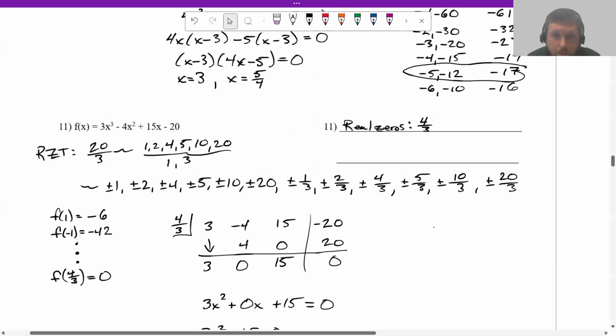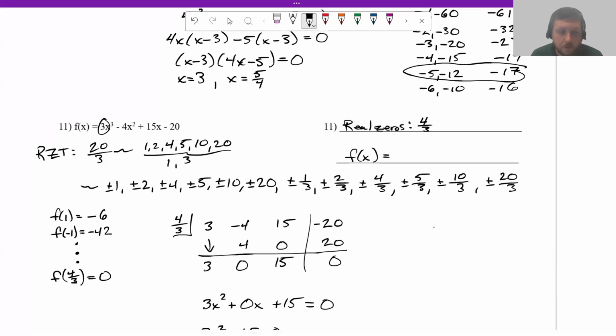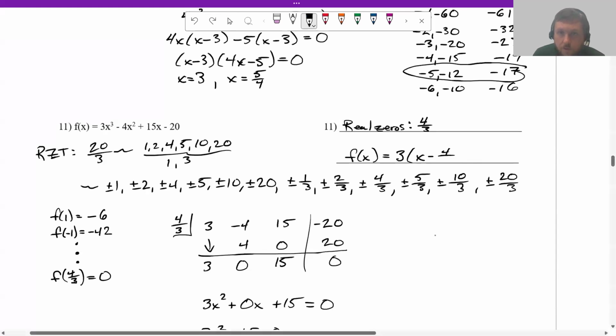Now, to factor this, we can already see we're going to want to have a leading coefficient of 3. So then we can write 3 times x minus 4/3. Now, if you multiply that out, that does not give you a degree 3 polynomial.